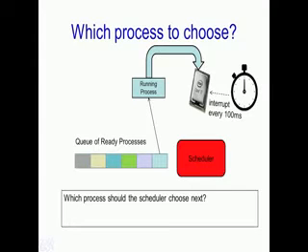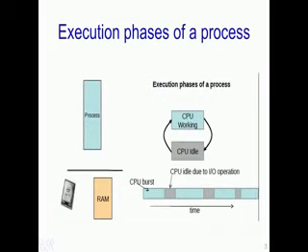Now, to analyze this, we first look at execution phases of a process. Any program is known to have two phases of execution. One is when it is actually executing instructions, which is known as a CPU burst, while the other is when it is blocked on an I/O or not doing any operations. In this case the CPU is idle.